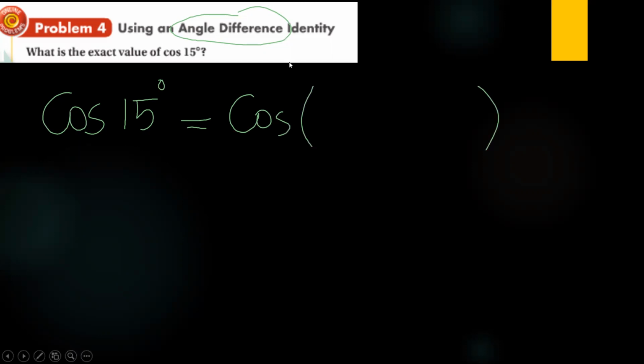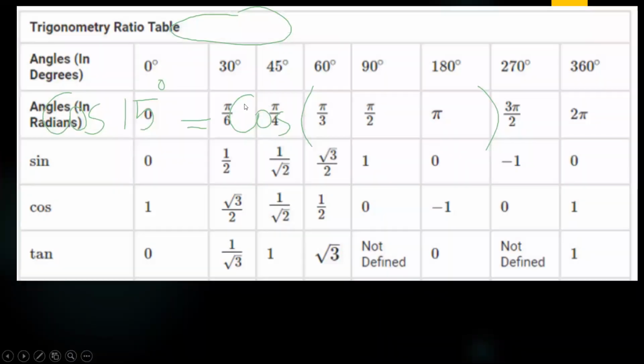Let's come back to this table. Find two angles that if you subtract them, you get 15. 45 and 30, 60 and 45. So we can solve it like 45 minus 30 or 60 minus 45.